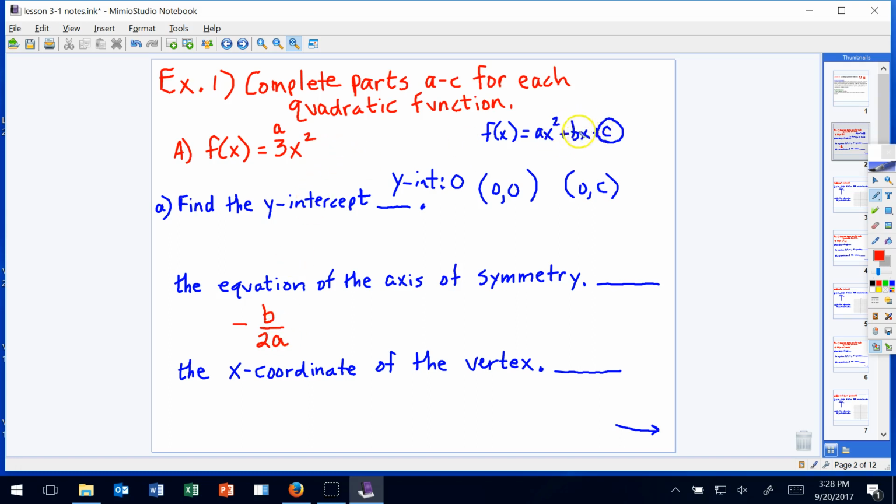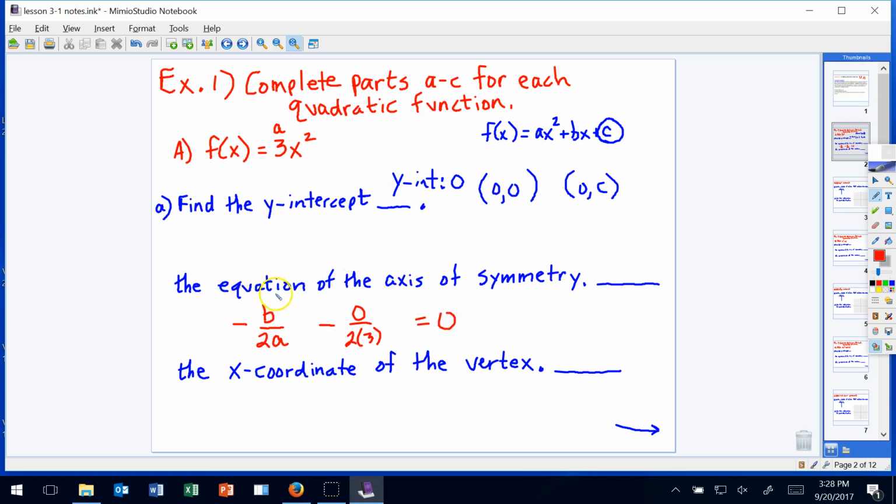We do not have a linear term, which means that b is 0. So if I plug directly into this formula, I get the opposite of 0 over 2 times 3. Well, 0 divided by 6 is just 0.